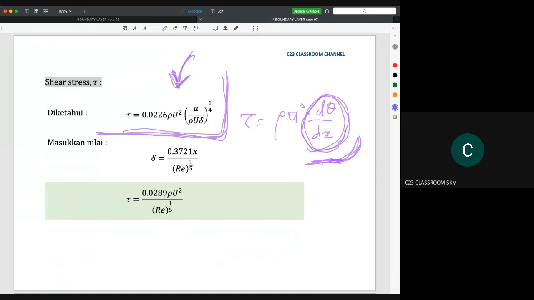Because we have the value of delta from what we got previously, we substitute it, and the shear stress can be written as 0.0289 rho u square over Reynolds number to the power of 1 over 5. Please try to substitute this value, and make sure that you can change the answer to this one. This is the final answer that will give you final marks, because of the term with a Reynolds number.